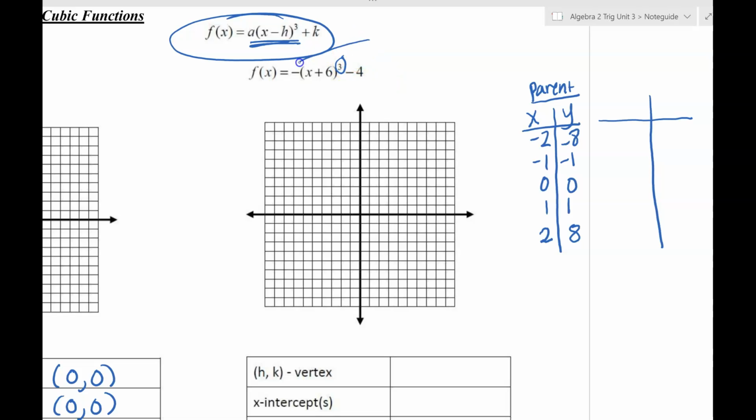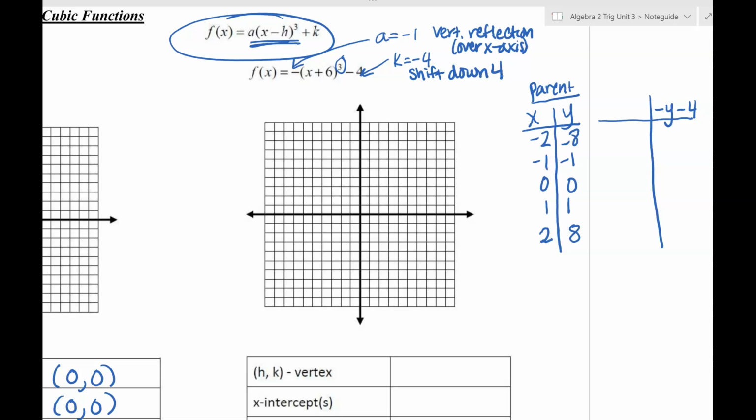So then remember, vertically, the a value and the k value are going to affect how we adjust our points vertically. And they also tell us that we had a vertical reflection, or if you'd rather say reflection over the x-axis, you can, and a shift down 4.